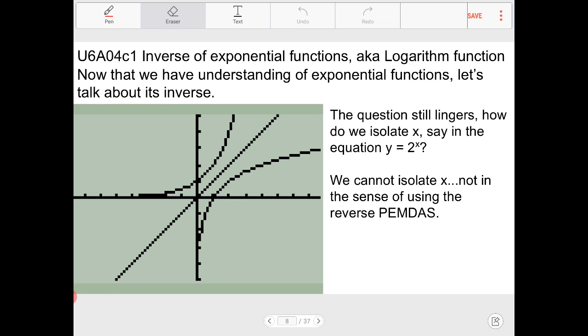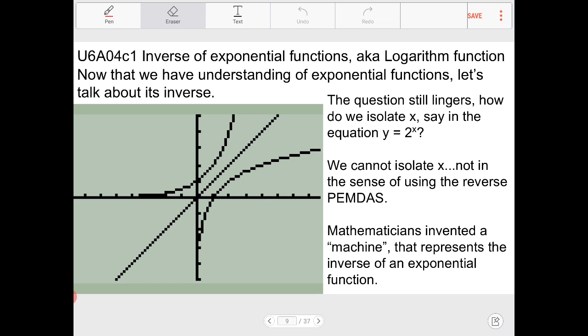Because of this, mathematicians invented a machine, and I place machine in quotation marks because this is all very theoretical and philosophical. All of math is just one big philosophical project, if you really think about it. So mathematicians invented this machine, which represents the inverse of the exponential function.